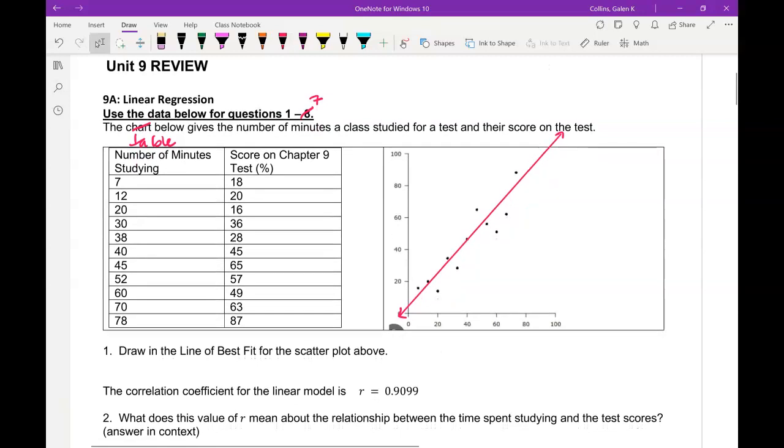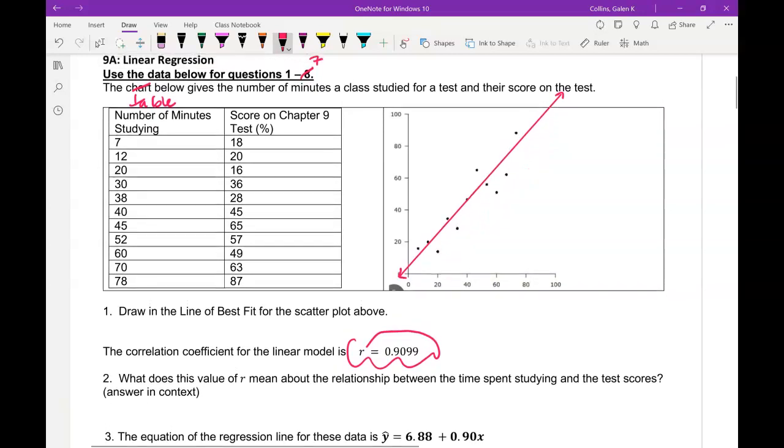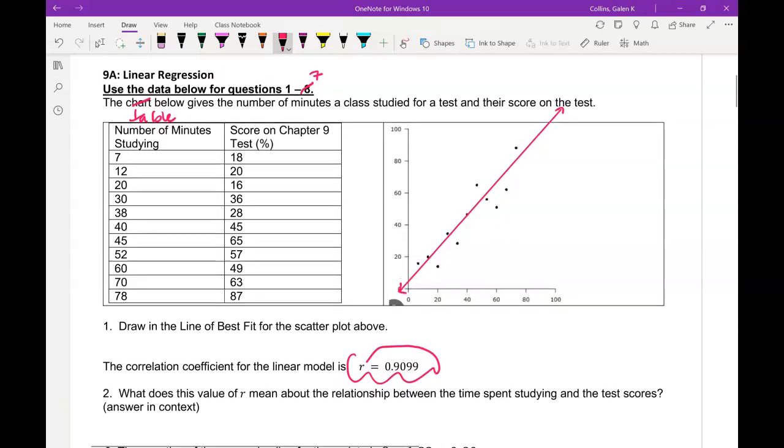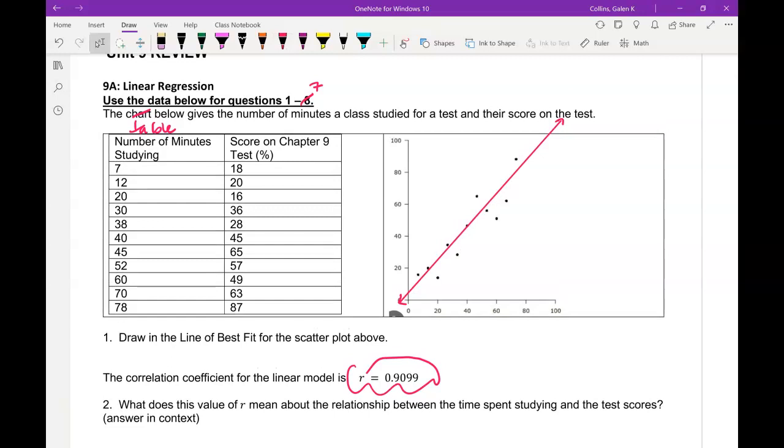We're given the correlation coefficient of the model, which is 0.9099, and we are asked what that value means about the relationship between the time spent studying and the test scores. Remember, when we read a table, the first variable in our table is our independent variable, so I'm going to call that x.